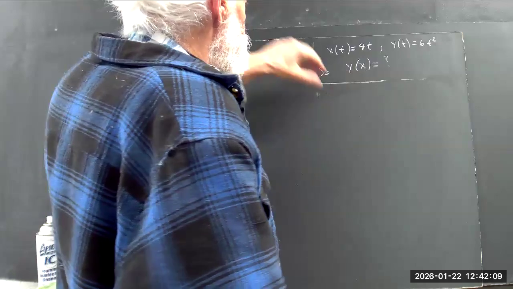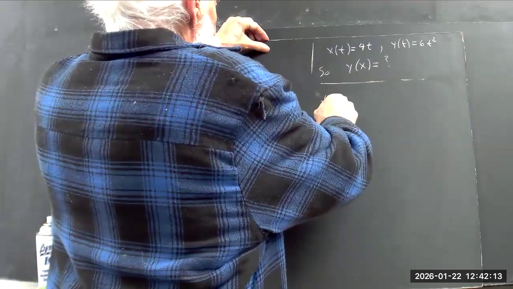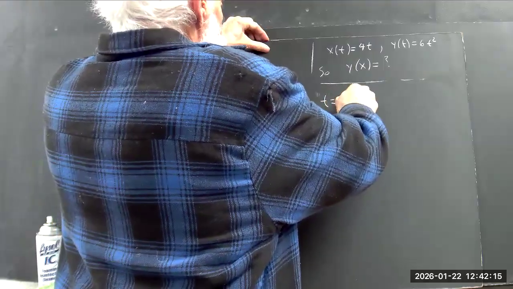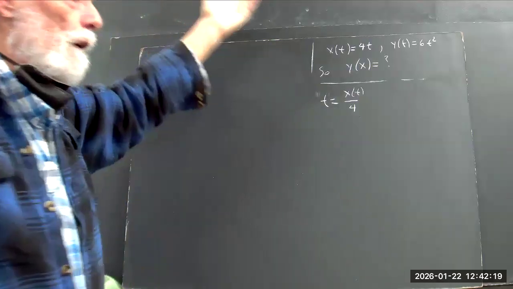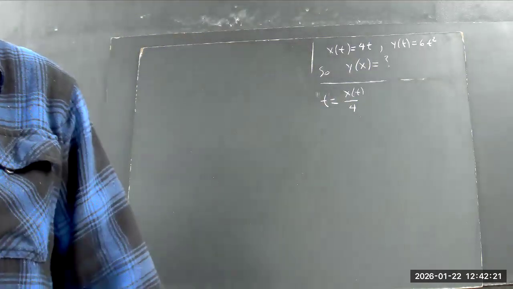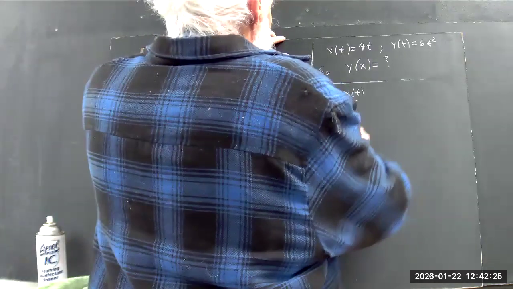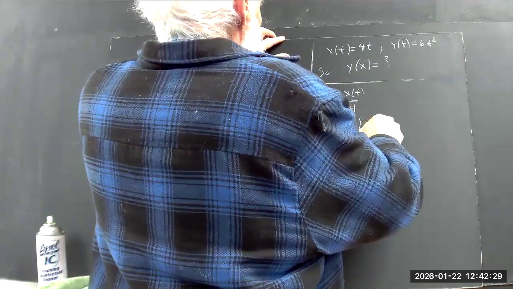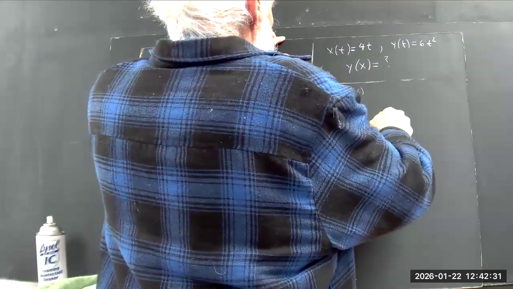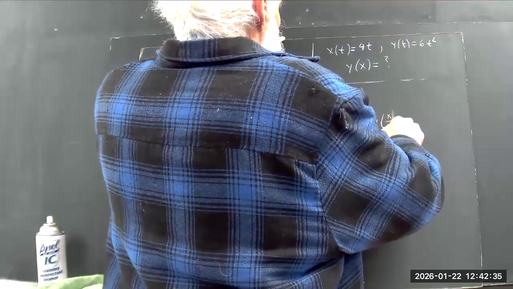So we're going to be able to say that t is x of t over 4. Very obviously, you don't have to do the steps of that. y of t equals y of x over 4.